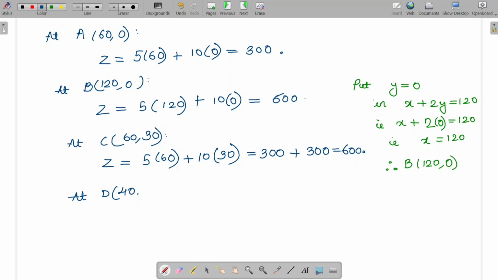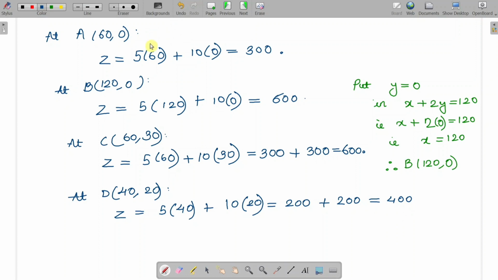So point D is 40 comma 20, so Z is 5 times 40 plus 10 times 20, so which is 200 plus 200, that is 400.